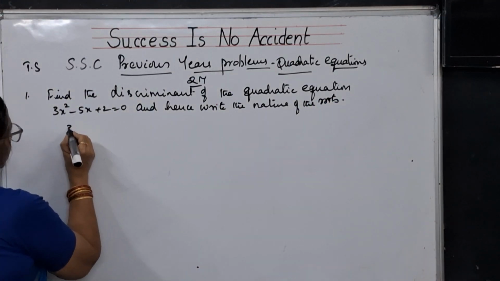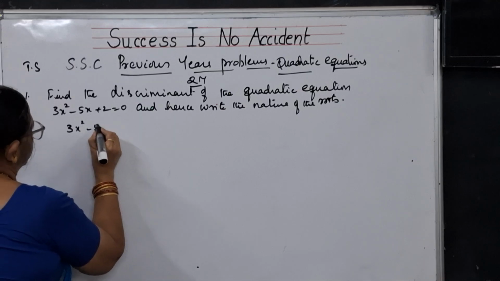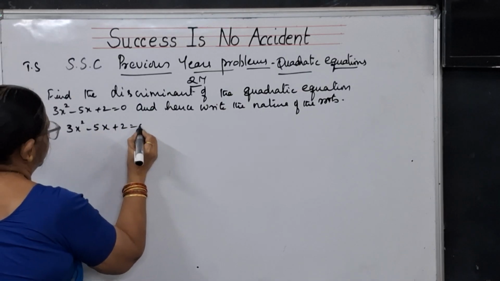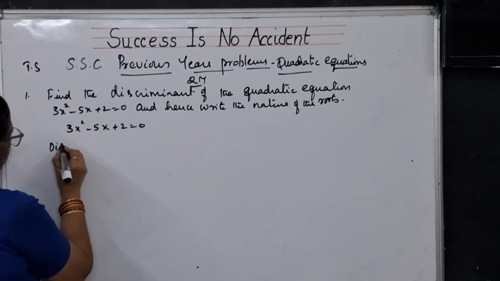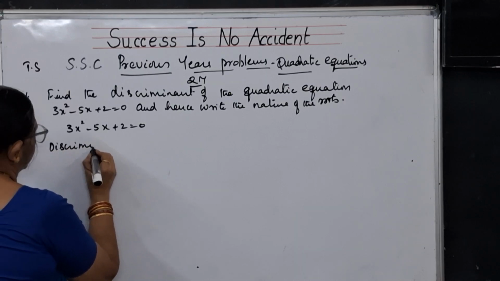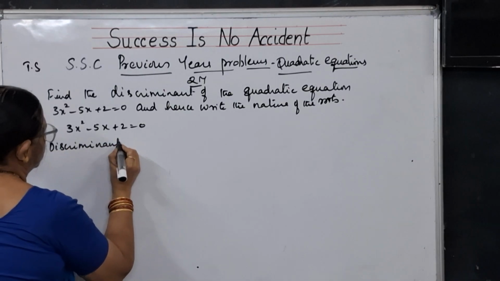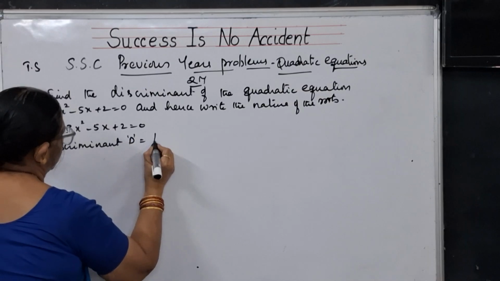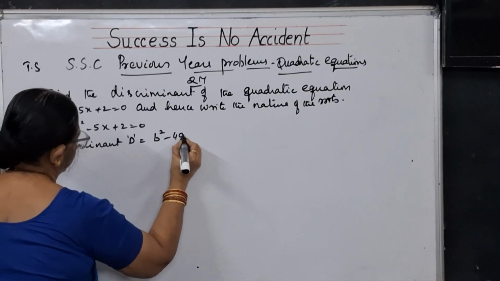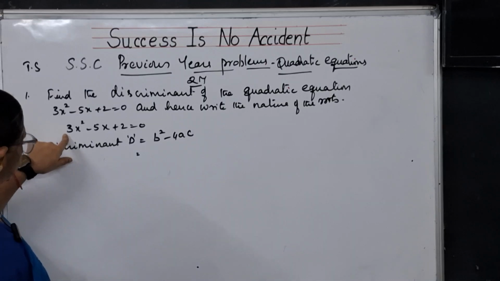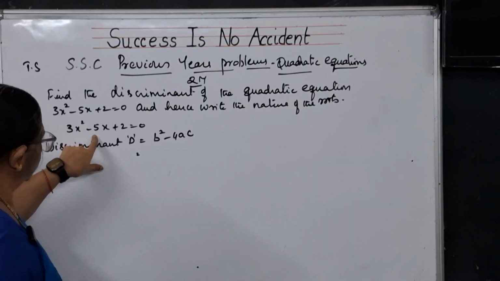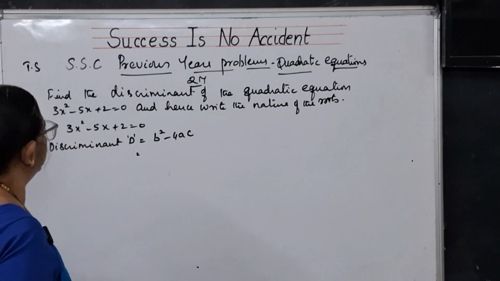So quadratic equation is 3x square minus 5x plus 2 is equal to 0. So what is the discriminant? Discriminant D is equal to b square minus 4ac, where a is the coefficient of x square, b is the coefficient of x, c is constant term.